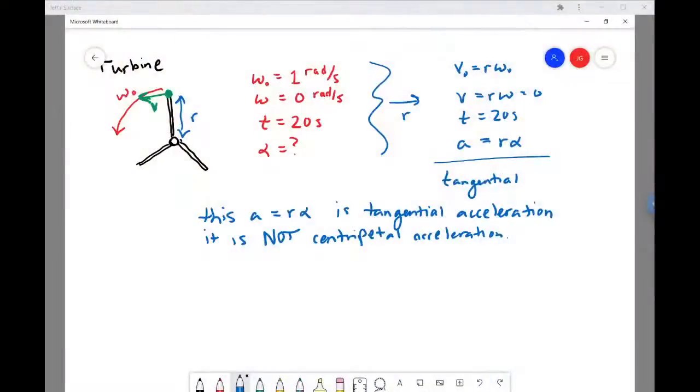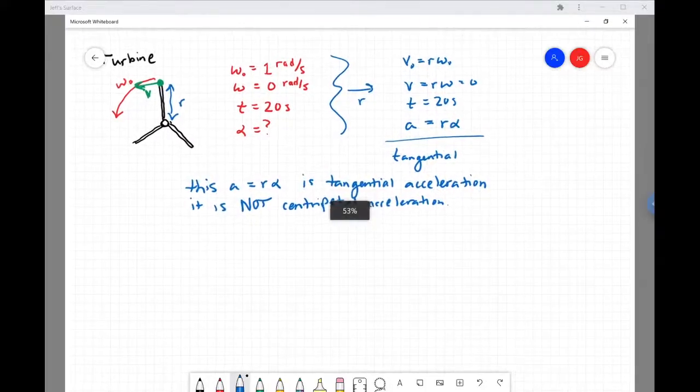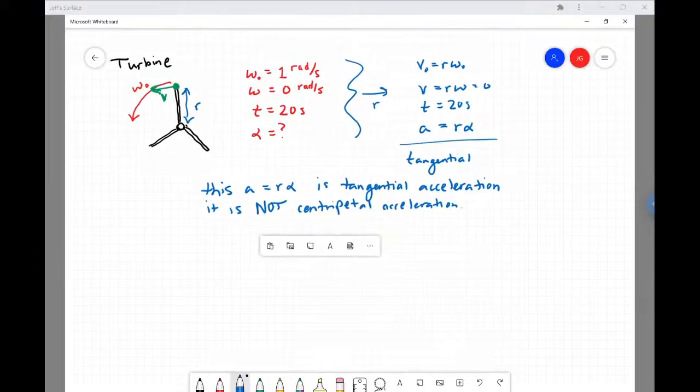All right, so let's explore this a little bit more, because I think this is one of the more confusing problems in the homework for you guys to work through. All right. Okay, so let's focus on just that one blade.